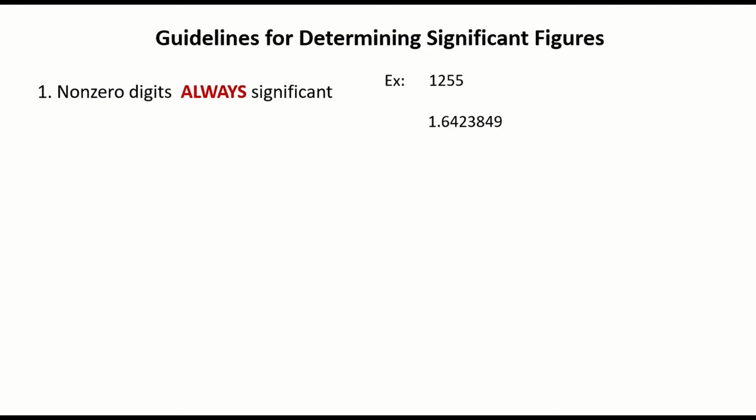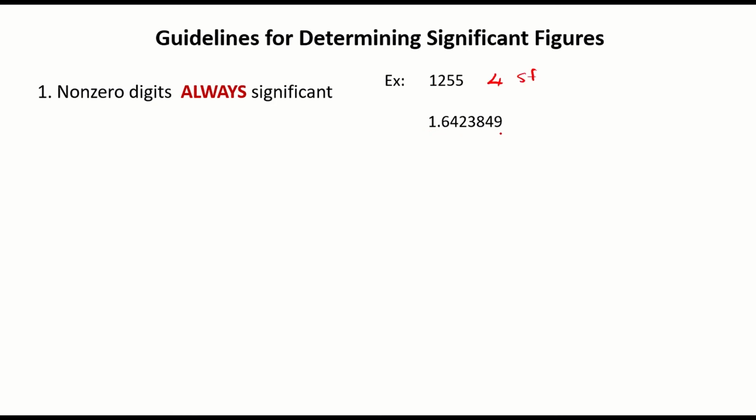Now the guidelines for determining significant figures. We always say that all non-zero digits are significant. They're always significant. For example, in this number, you don't see any zeros. So count how many digits you have. 1, 2, 3, 4. You have 4 significant figures.